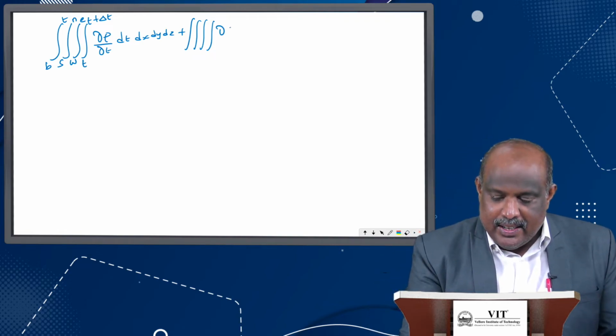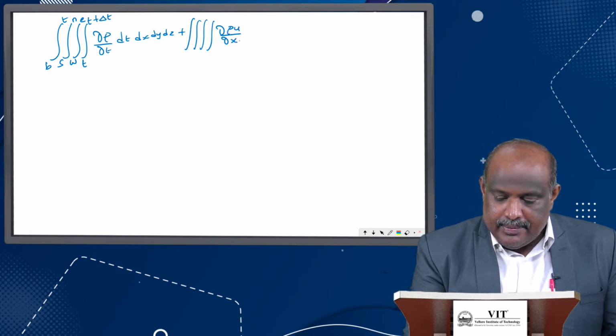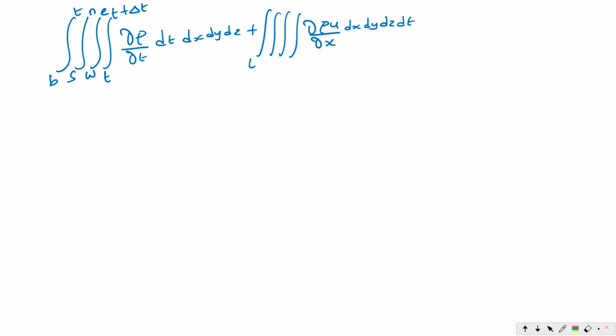So it is dou rho u by dou x of dx dy dz dt. So I am writing here t plus delta t. I hope you can assume the other integral limits, plus once again I am going to write all the four things.